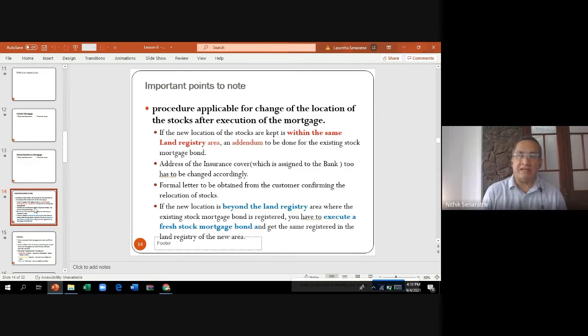So if I'm taking my stock from Colombo to Kalutara, it's a new area, then you have to execute a fresh mortgage bond for that particular area, right? You can't use the same mortgage bond if I'm shifting from one land registry to another. Okay, so that's important.